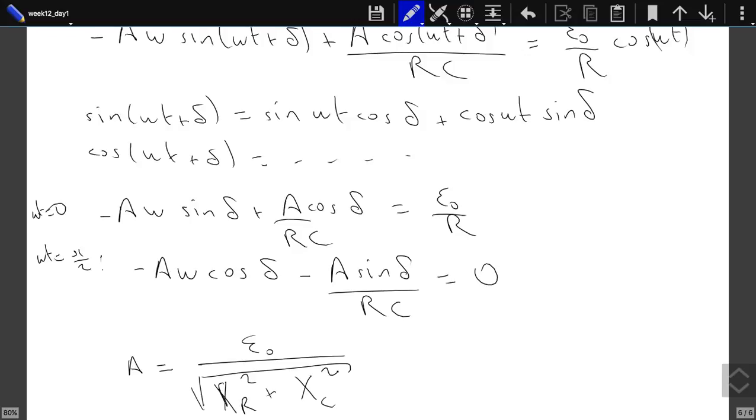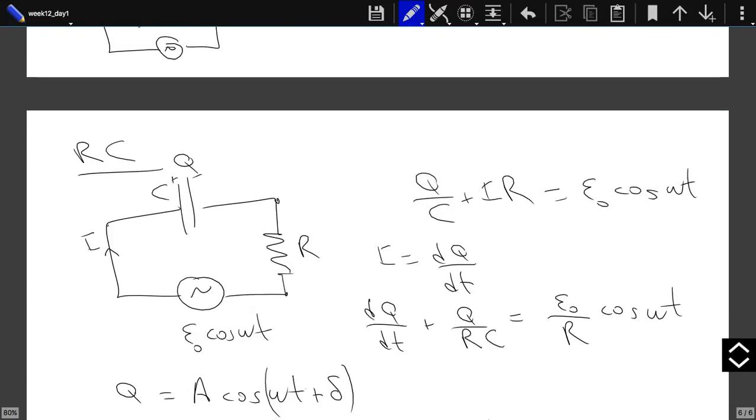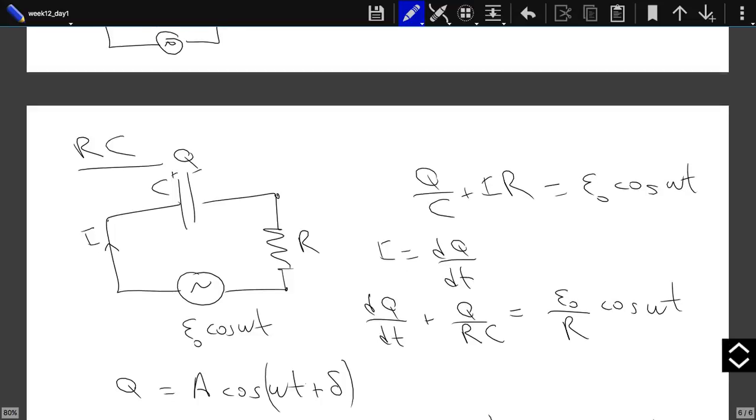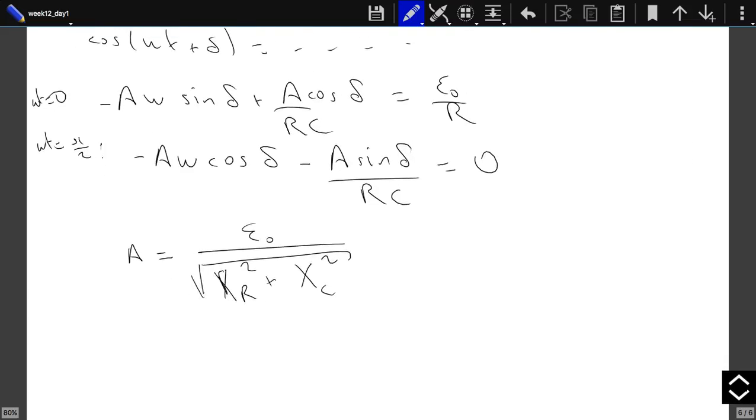But although here we have connected them in series, we are not adding the impedances. We are adding their squares and taking the square root. And this is, in general, defined as epsilon 0 over Z. So this is the impedance of the circuit. And in this case, the impedance is given by the sum of the squares of the impedances.